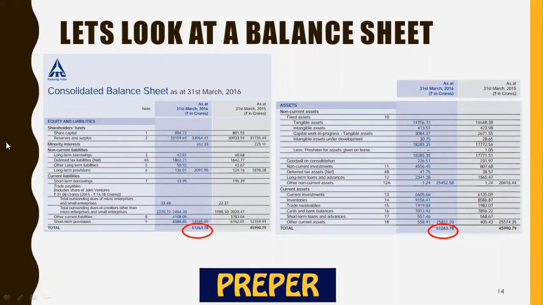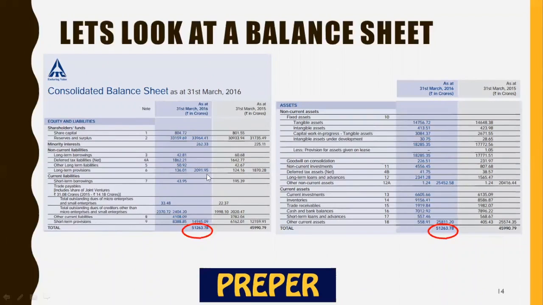The other elements, I think we are pretty straightforward. We've understood them. We've already gone through them. Long-term borrowings, deferred tax liabilities, other liabilities, long-term provisions, short-term borrowings, trade payables, and then those are further broken down into a couple of other smaller items, other current liabilities, short-term provisions.